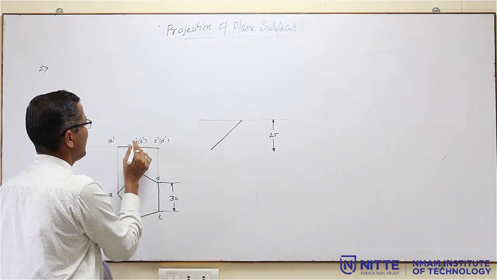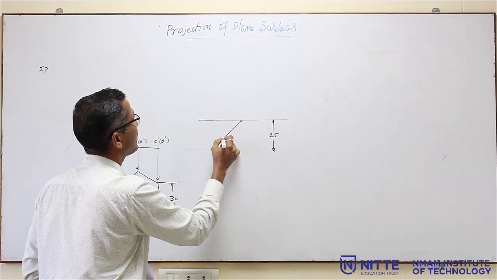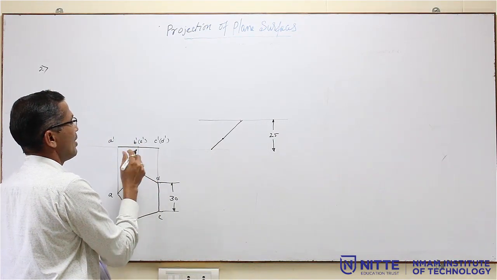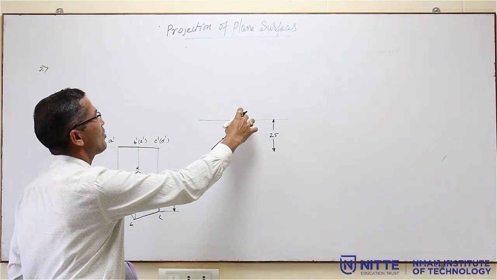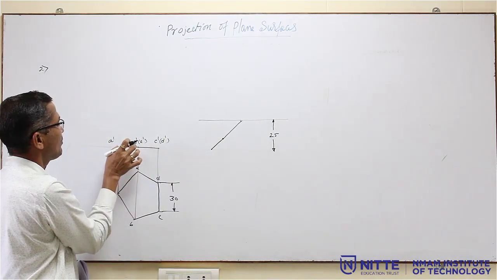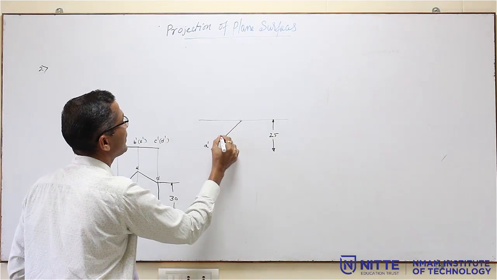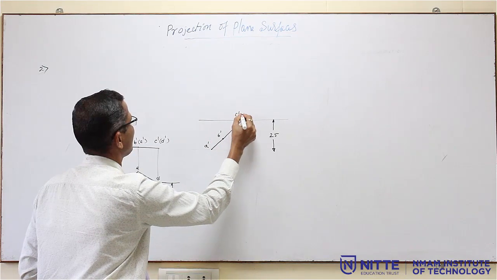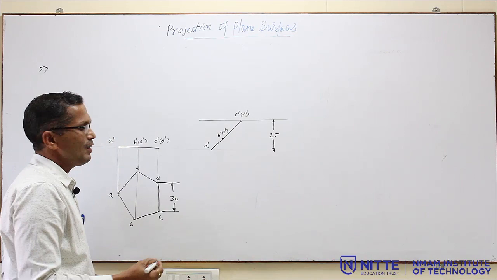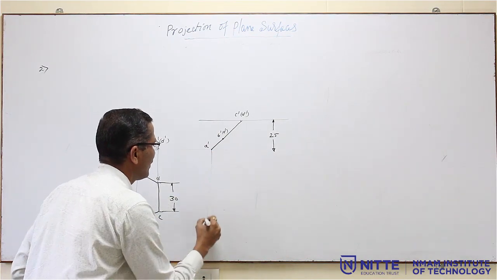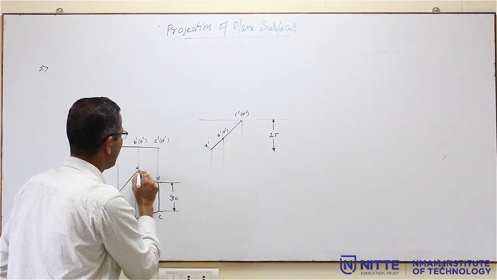Then mark this point, from here you measure this and mark it. While marking, you should be careful. If you are measuring from this side and mark it from the other side, it will be wrong. So if you are measuring from A, you have to mark it from here only. So name it accordingly, A dash. Then project all the points down, project horizontally.